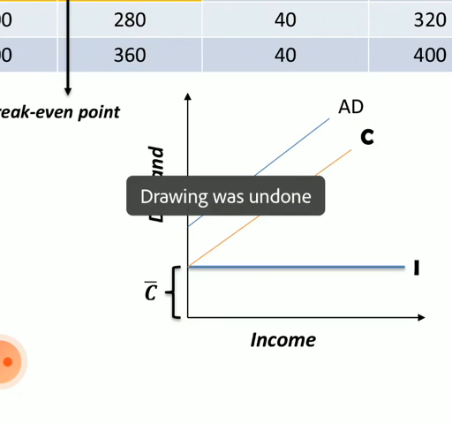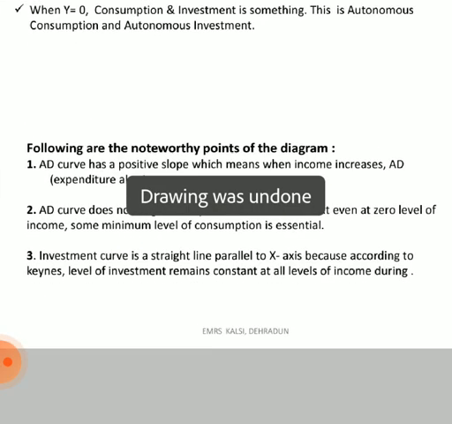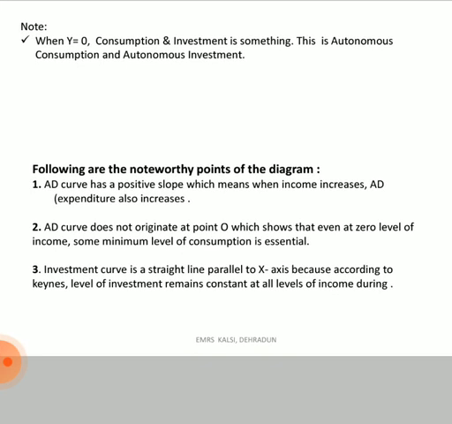So why is it not originating from 0? It shows that even at 0 level of income, some minimum level of consumption is essential. If the question comes in 1 mark that AD does not originate from 0 at y axis or x axis, why, you can write the reason: because at 0 level of income, some minimum consumption is essential.